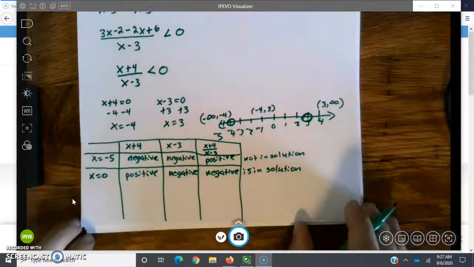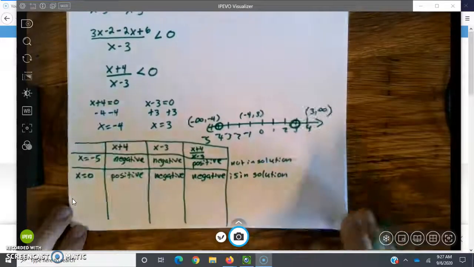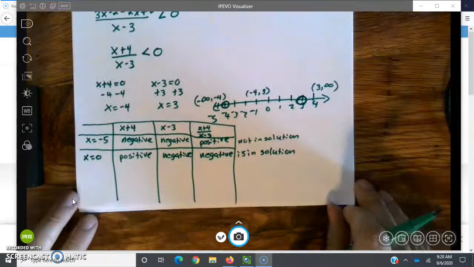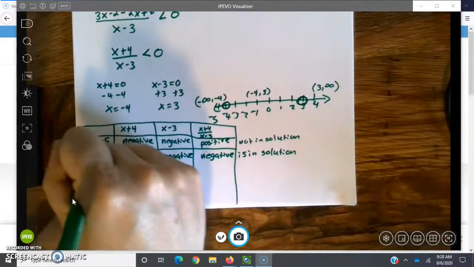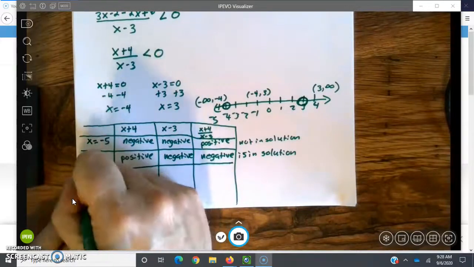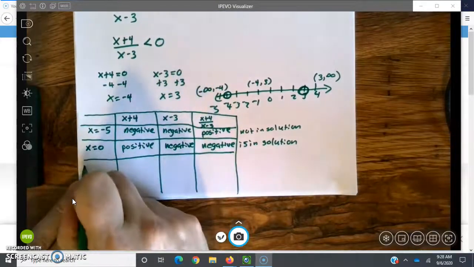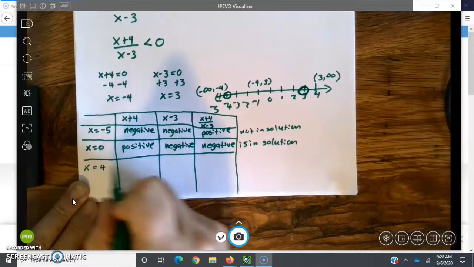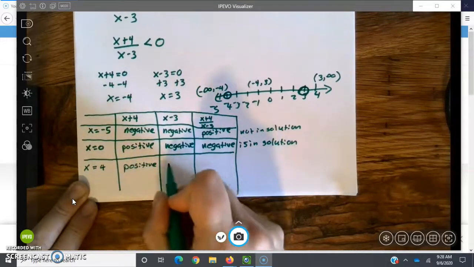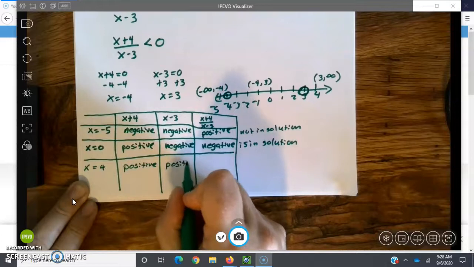Then we can try something to the right of 3. So let's just try 4. So this would be positive. This would be positive.